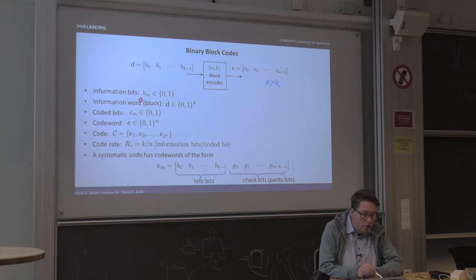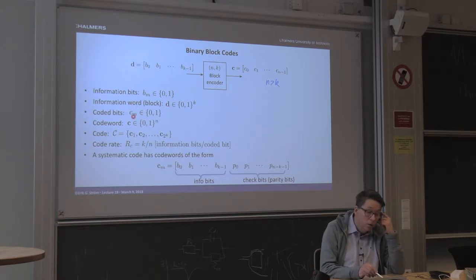So the input bits are called the information bits. If we block them into this vector, then it's called the information word. The output bits are called the coded bits, and collectively they are called the code word. So this is the code word, and this is the information word. The code is the set of all possible outputs from the block encoder. So that's the set of all possible code words.